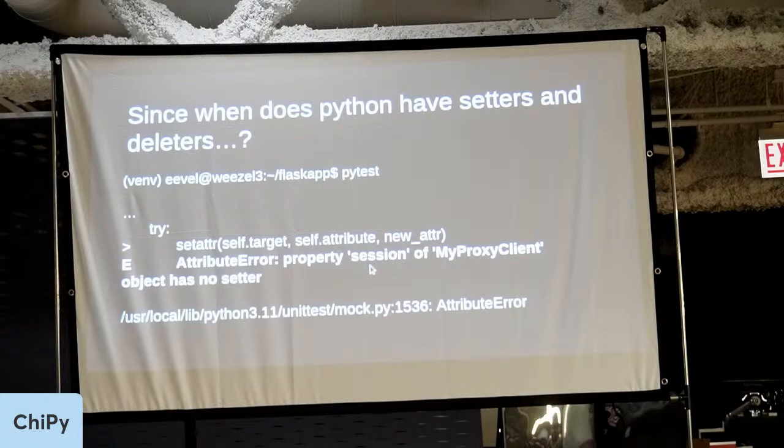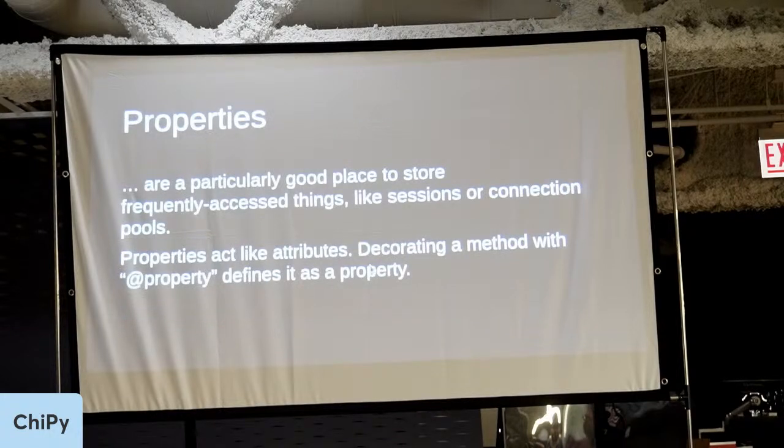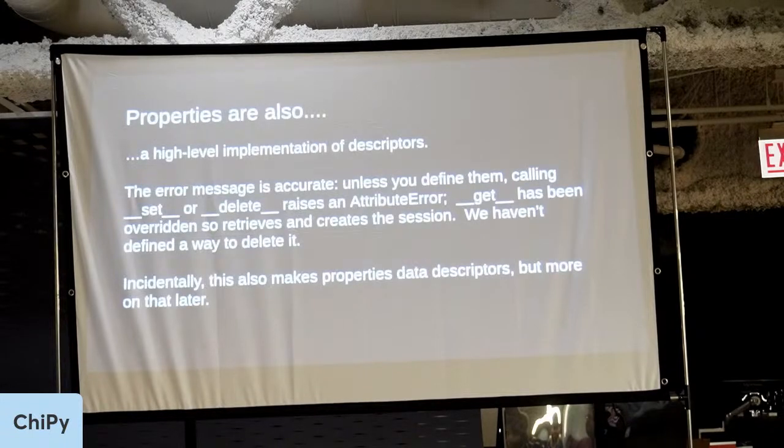What do we know about properties, other than we use them all the time to put things that we need frequently? I mean, you put an @property decorator on a method and it behaves like an attribute. Do we know why that is? Well, properties are a high-level implementation of descriptors.